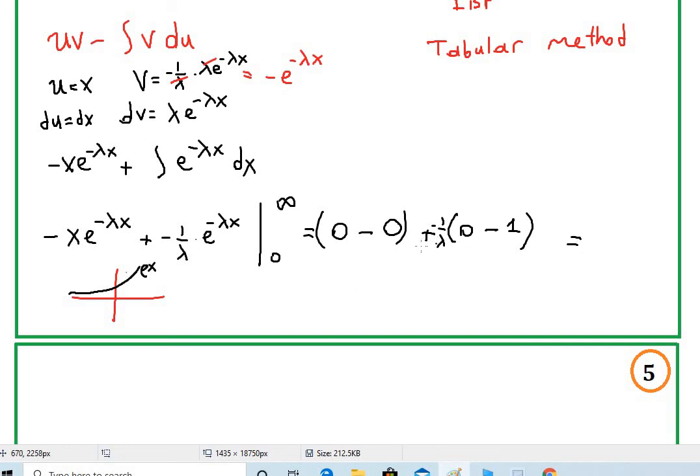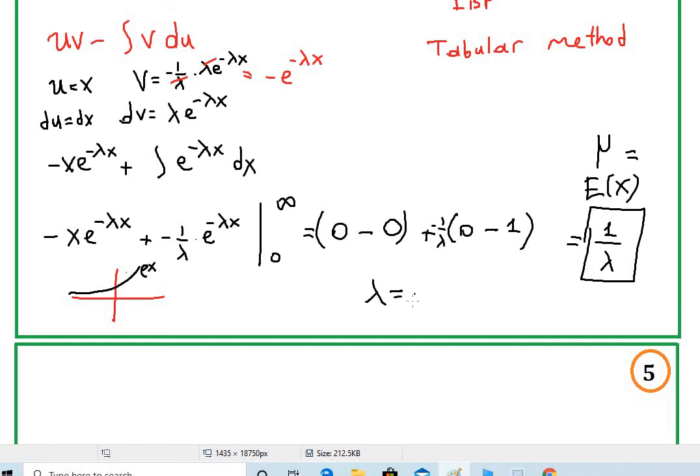So here we obtain negative 1 over lambda times negative 1, which is 1 over lambda. So 1 over lambda is our expected value of x. So this is our mu. Mu is 1 over lambda, and lambda equals 1 over mu, vice versa.